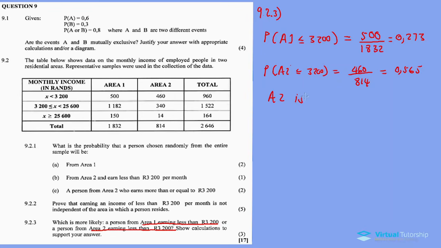Area 2 is more likely to earn less than 3,200. So people who live in area 2 are more likely to earn less than 3,200, which is the kasi part of society. So this is the last question of question 9.